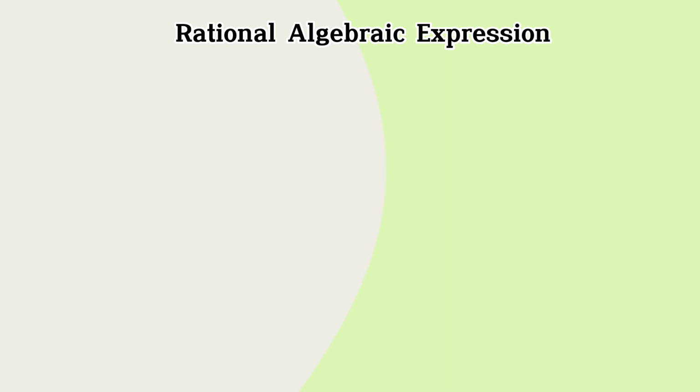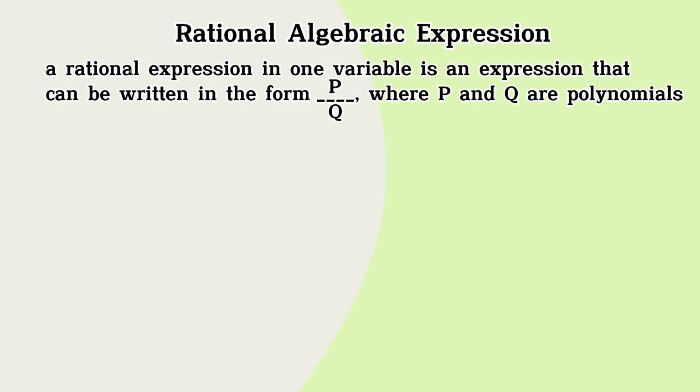So first, let us define what a rational algebraic expression is. A rational expression in one variable is an expression that can be written in the form P over Q, where P and Q are polynomials.